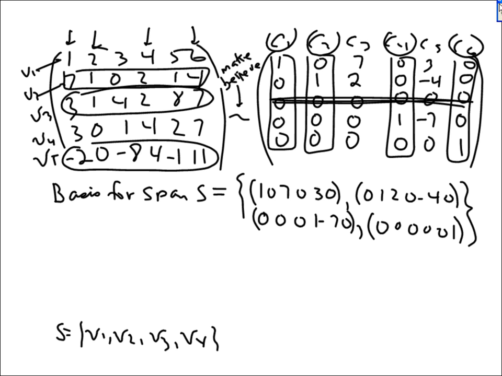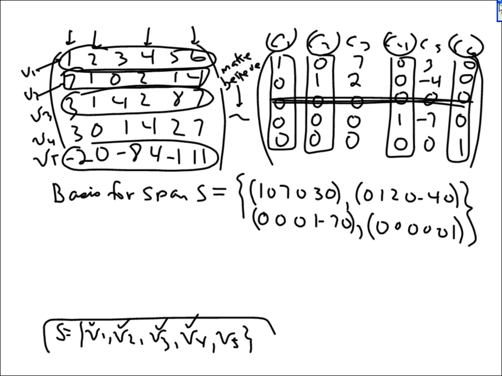If I just gave you those 5 vectors and asked, what is the basis for the span of these 5 vectors? What you should do is write down vector 1 as the first row, vector 2 as the second row, etc. In fact, you can do it out of order.